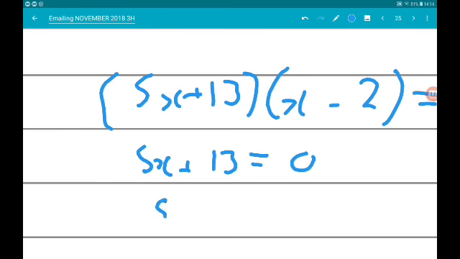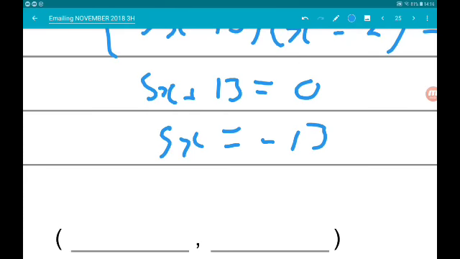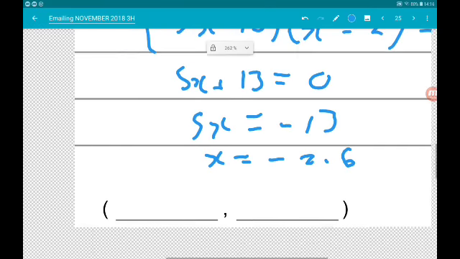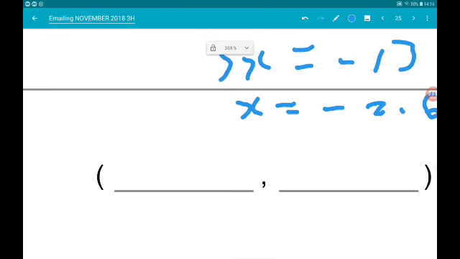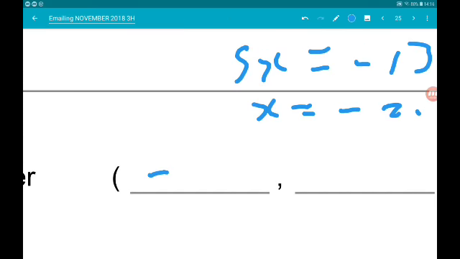So 5x is minus 13, divided by 5 gives us x is minus 2.6. So we now know the x coordinate of point B is minus 2.6.